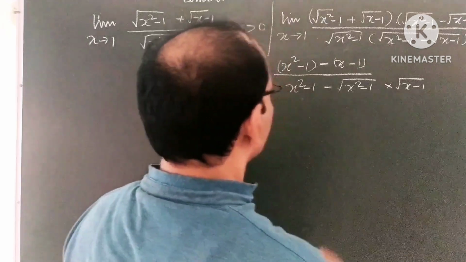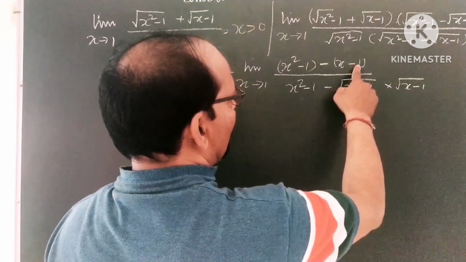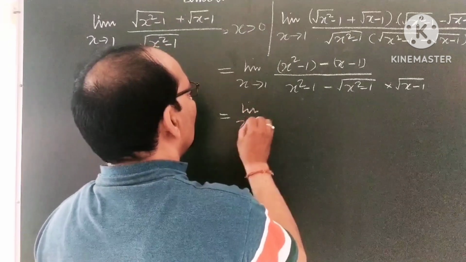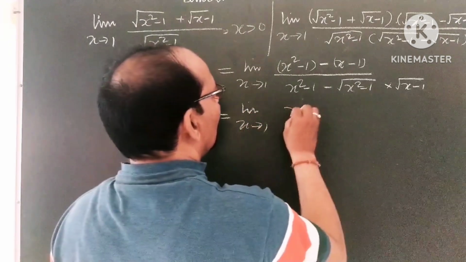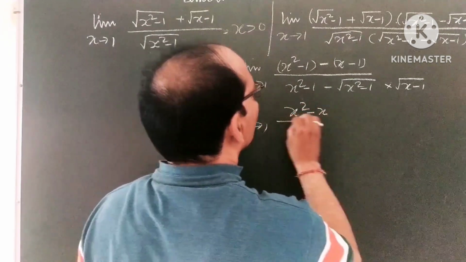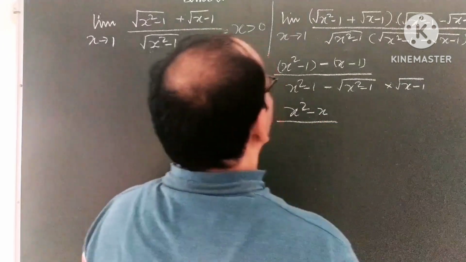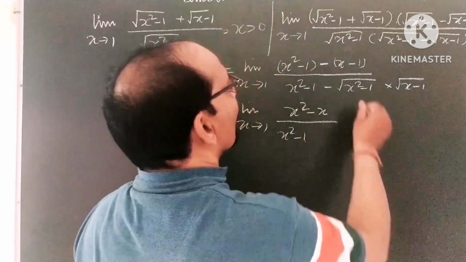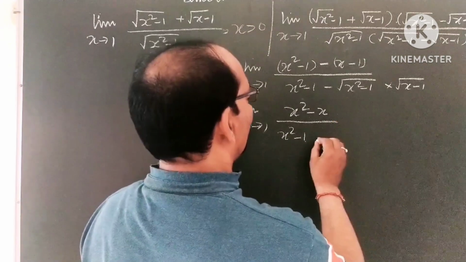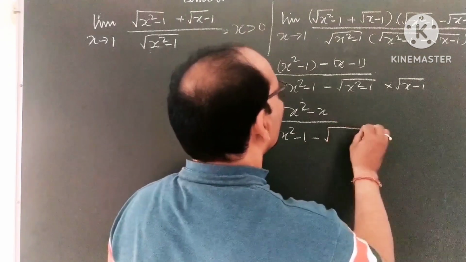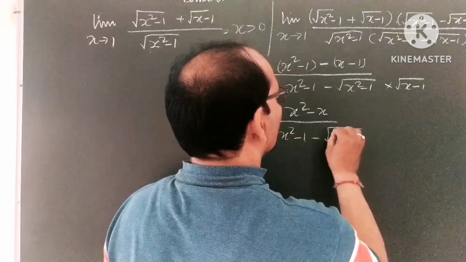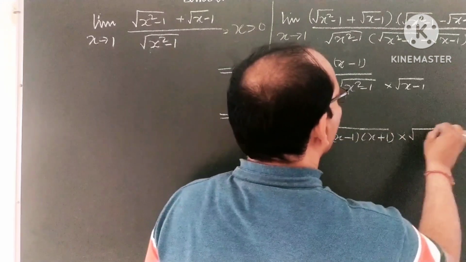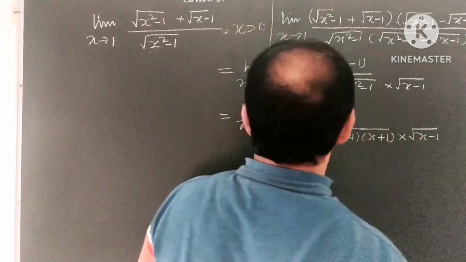After simplifying, the plus and minus cancel, and there will be limit x tends to 1, x square minus x, and there will be x square minus 1, and this factorized, there will be x minus 1 into x plus 1 into root of x minus 1.